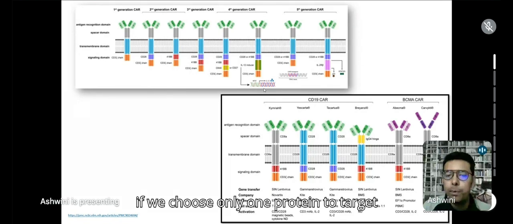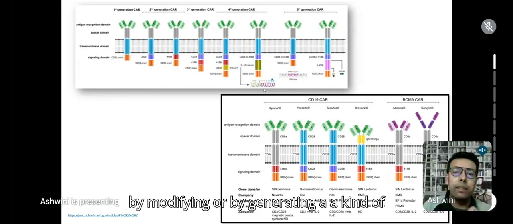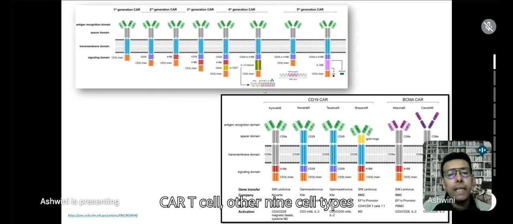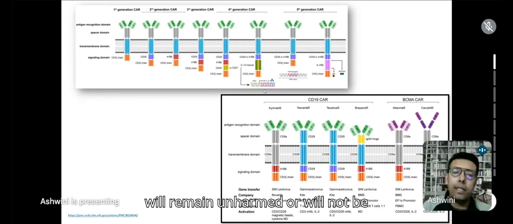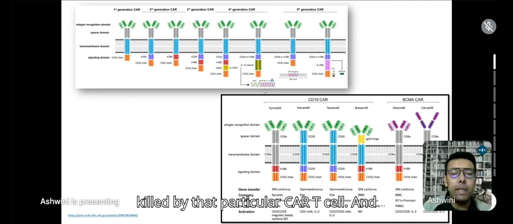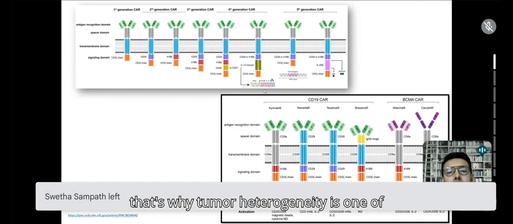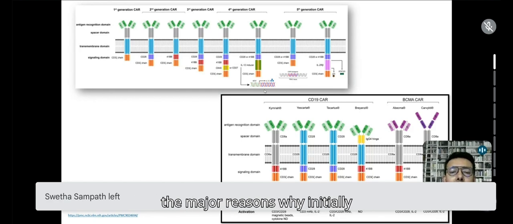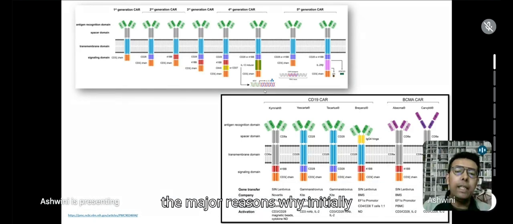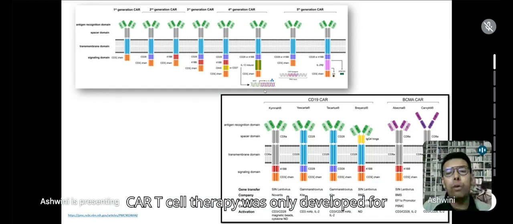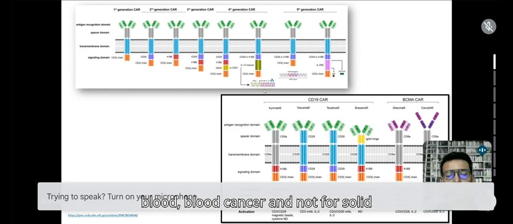Now, if we choose only one protein to target by generating a kind of CAR T cell, other 9 cell types will remain unharmed or will not be killed by that particular CAR T cell. And that's why tumor heterogeneity is one of the major reasons why initially CAR T cell therapy was only developed for blood cancer and not for solid tumors.